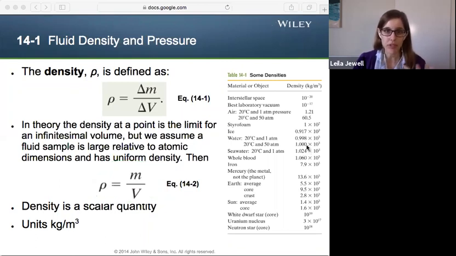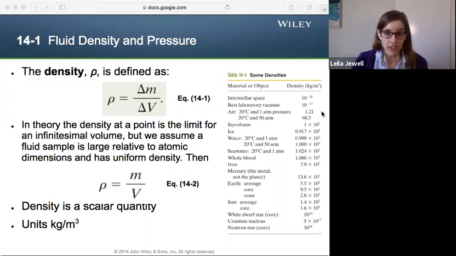And we have some examples of density shown in this table, which are just interesting to see, right? Space is very nearly a perfect vacuum, 10 to the minus 20. The best laboratory vacuum, where we're trying to remove all possible mass, is 10 to the minus 17 kilograms per meter cubed.